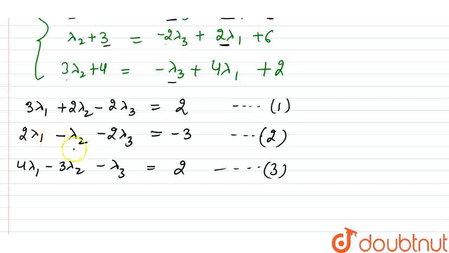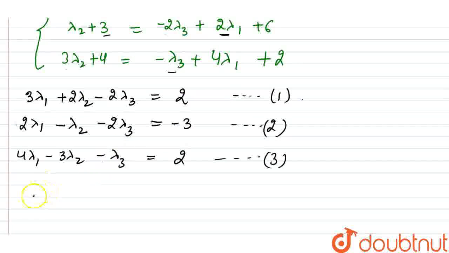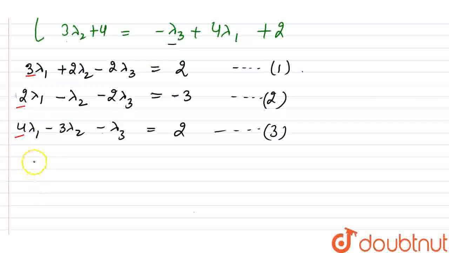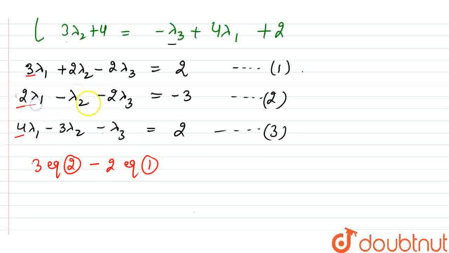So to find out lambda 1 and lambda 2, let's first solve for 1 and 2. We will be reducing equation 2 and equation 3 with the help of equation number 1. So let's apply 3 times equation 2 minus 2 times equation 1. Multiplying equation 2 with 3, then subtract 2 times equation number 1.